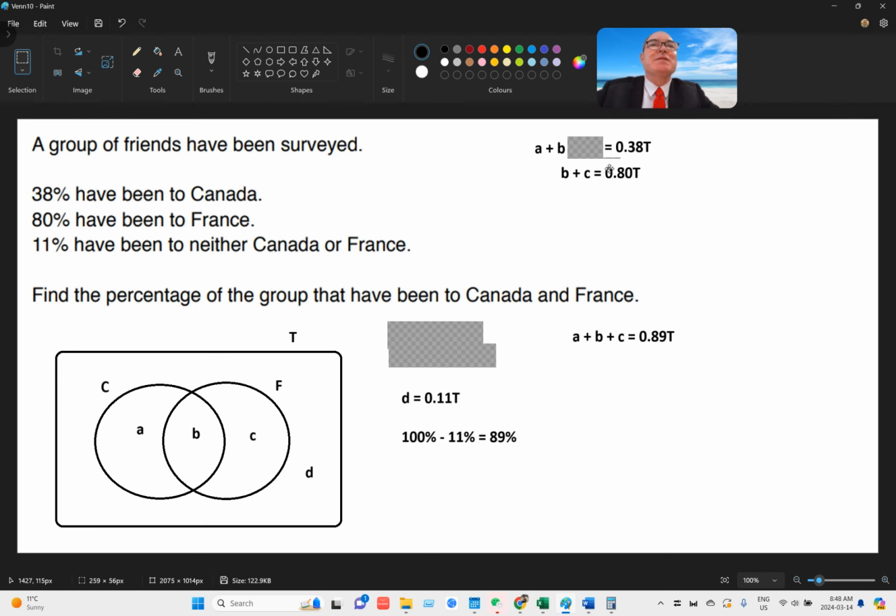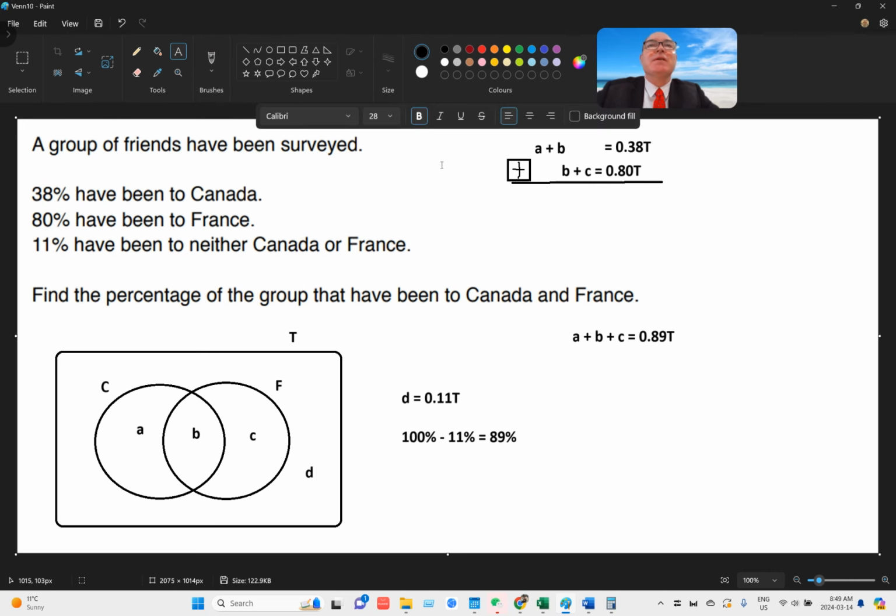Yes, I'm going to add these two equations together. Don't forget, I like to put that little box here just to show that I'm adding these two equations. I don't want that to be confused with just a plus b. It's plus the whole equation.